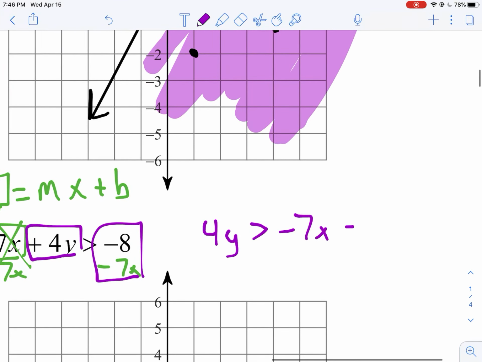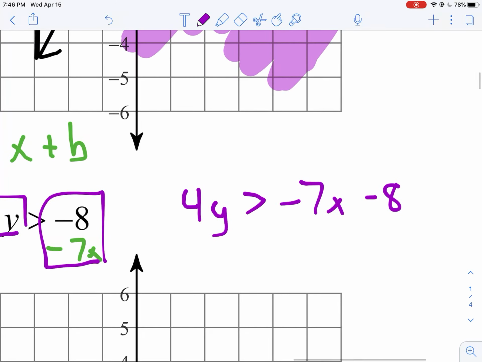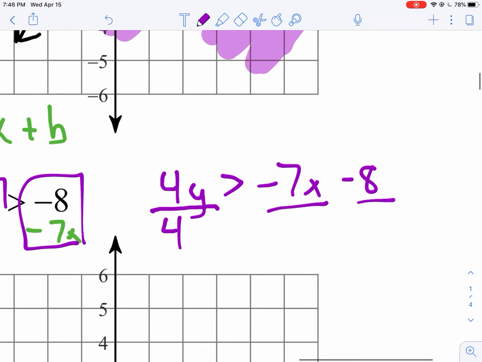Negative 7x minus 8. Okay, now to solve for y, I have to divide by whatever's in front of my y. But we have to remember what we do to one side, we have to do to the other. And we have to divide all of the terms on the other side by 4. So what am I left with?